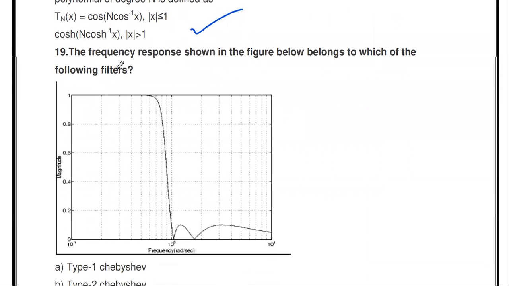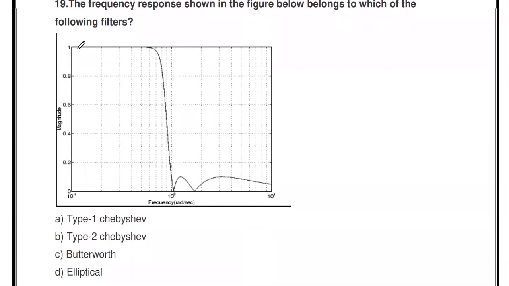The next question, the frequency response shown in the figure below belongs to which of the following filters? You see here the monotonic behavior in passband and the equiripple characteristics in stopband. The Butterworth filter means both flat passband and flat stopband, so this is not Butterworth.